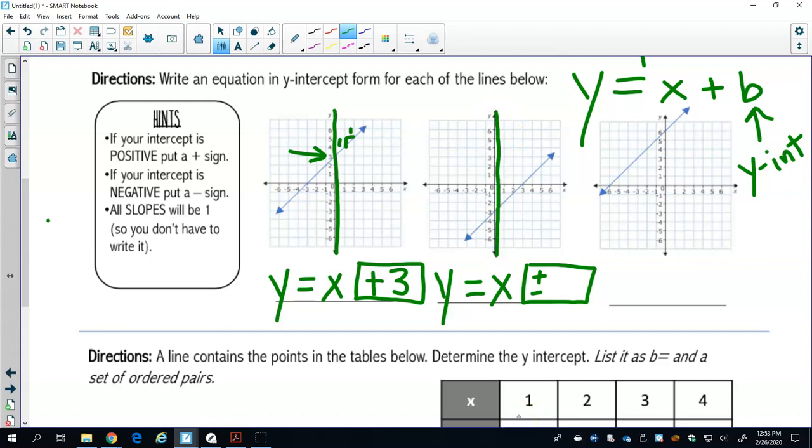Is it positive or negative? Negative. It's negative. So I'm just going to erase my plus. And it's negative 3. So it's x minus 3 because my y-intercept, this is 0, -3, and b is the -3.